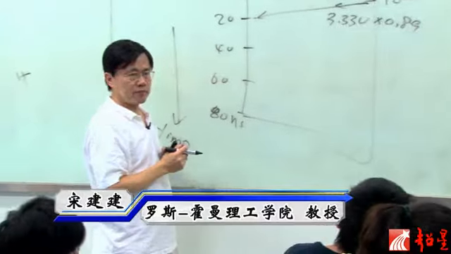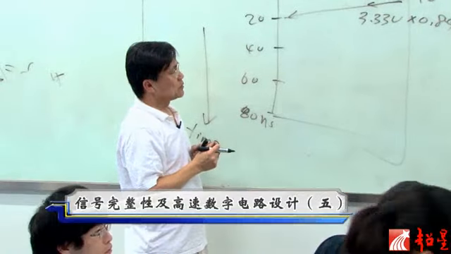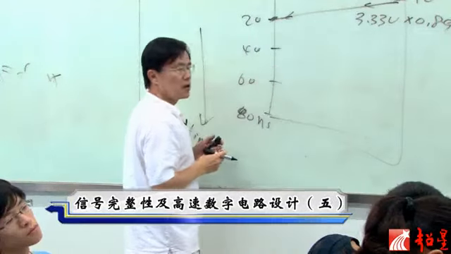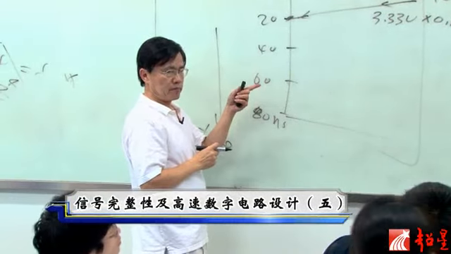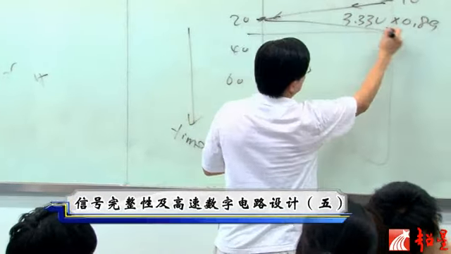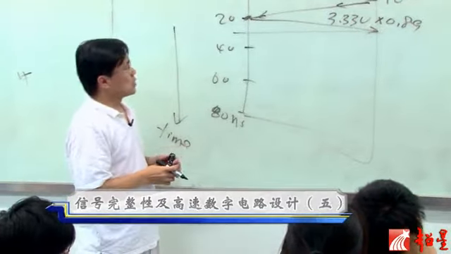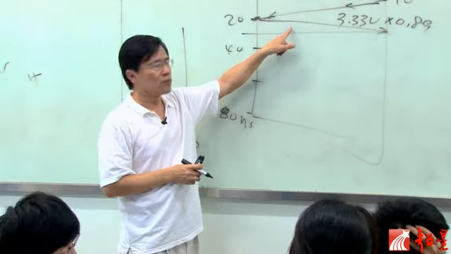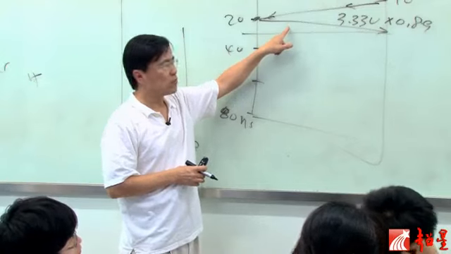That's the reflection. Okay? And when this reflection reaches this point, it's going to reflect again in this direction. How do we calculate this reflection?